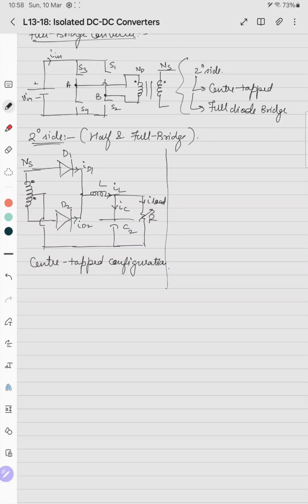Similarly, the secondary can be a full bridge configuration, with no center tap. So it is like this.